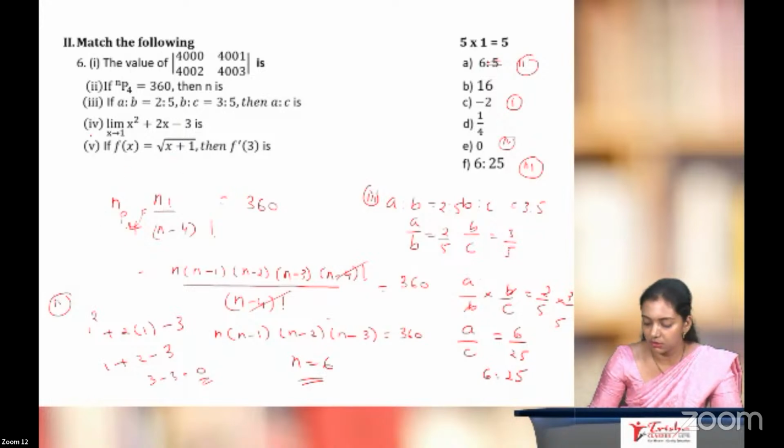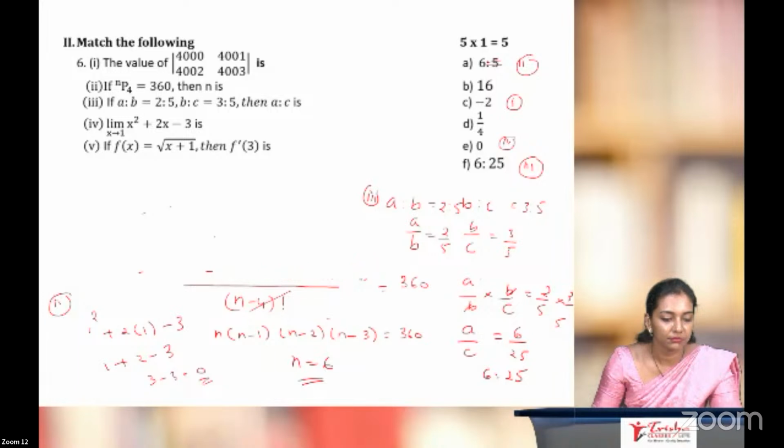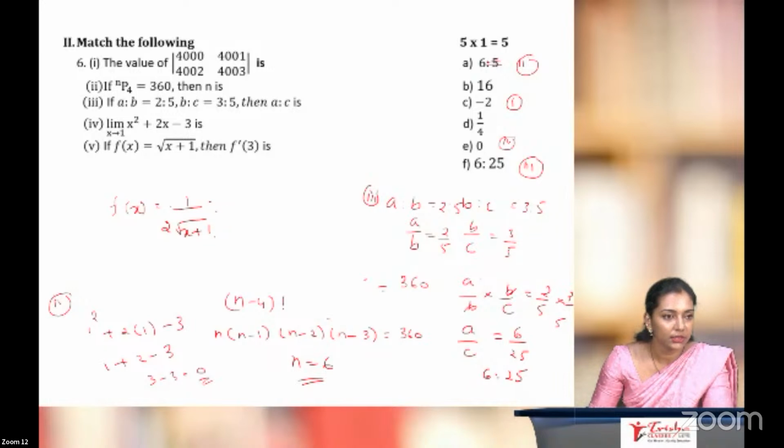So just a second, I will erase this. So under the root of a function, so here you have f dash of x equal to 1 by 2 root of the function into the differentiation of the function.